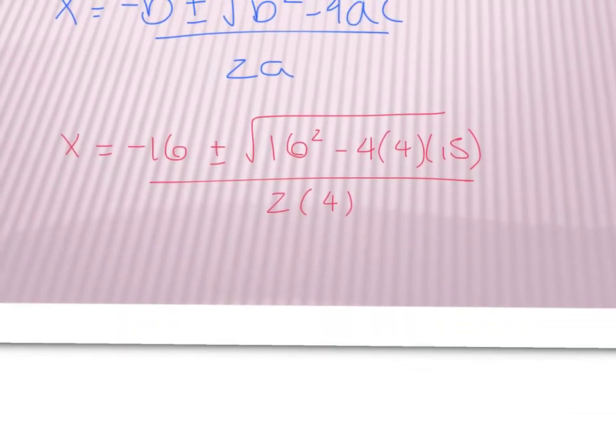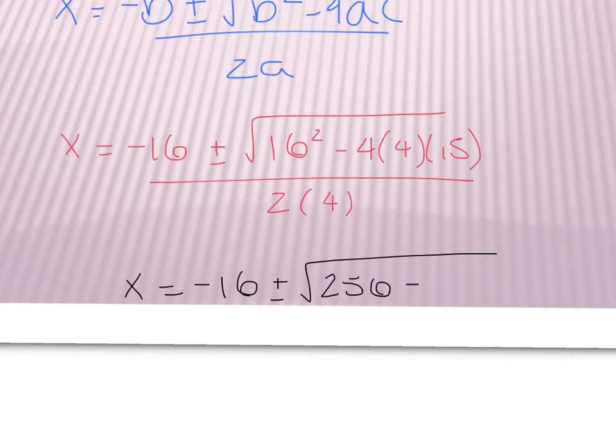When we do that, it looks like this. x equals negative 16 plus minus the square root of, what 16 squared is? And 4 times 15. Excellent job. And then the denominator. Look at this. Okay. In your homework, the difference is going to be negative. Here it's not working out too clean.